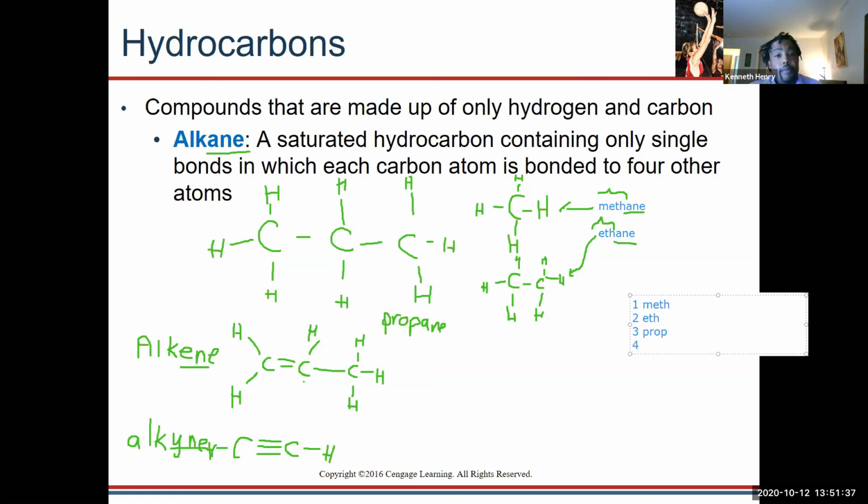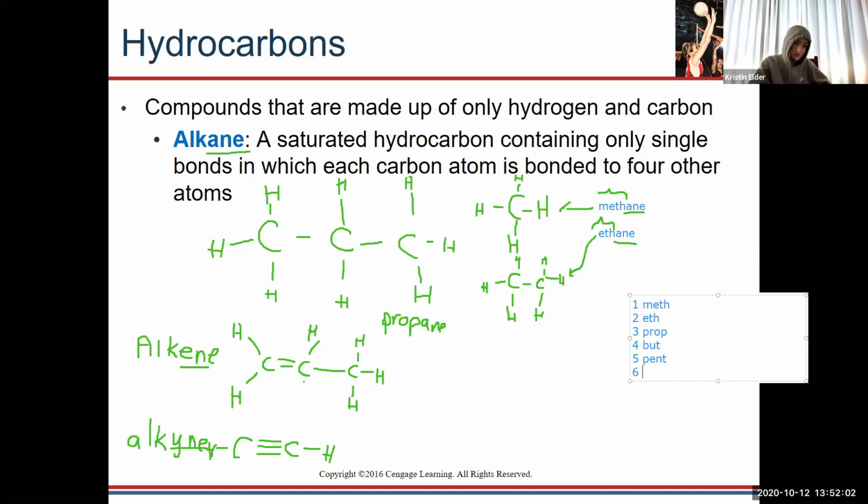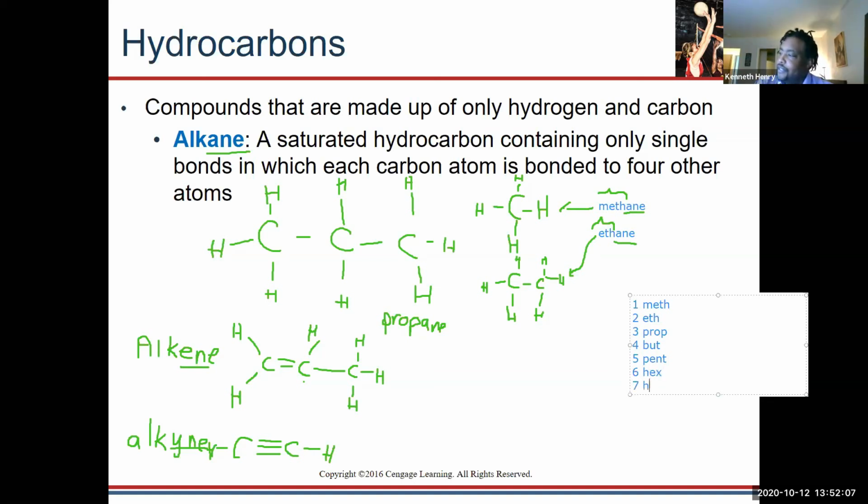If it's 4 carbons, it's but. If it's 5 carbons, it's pent. If it's 6, what do you think 6 carbons is? Think about those Greeks. Hex. If it's 7, it's hept.